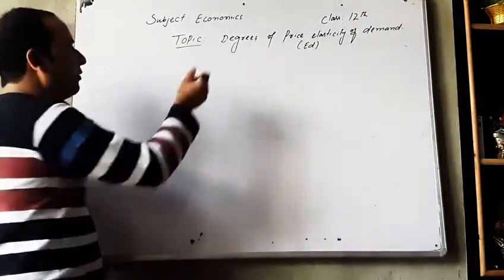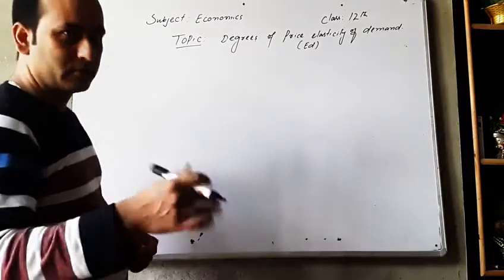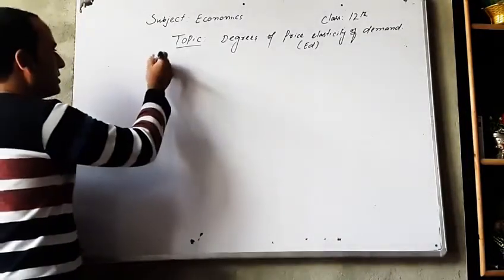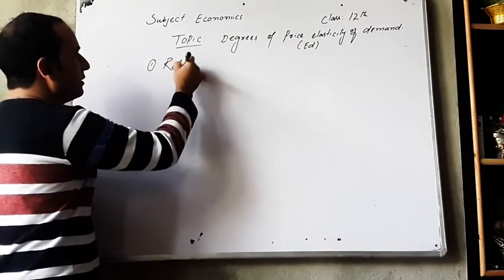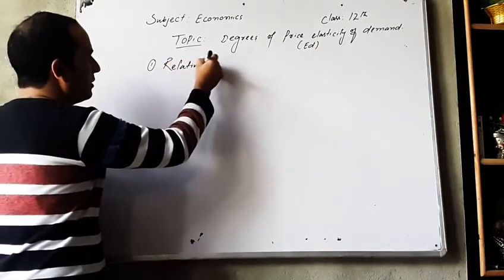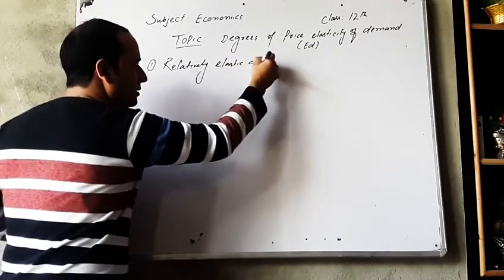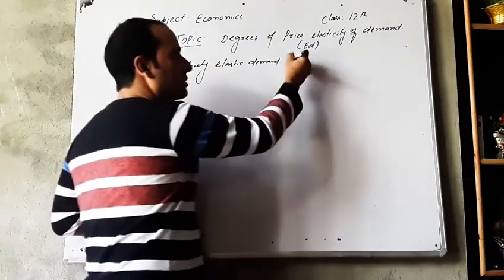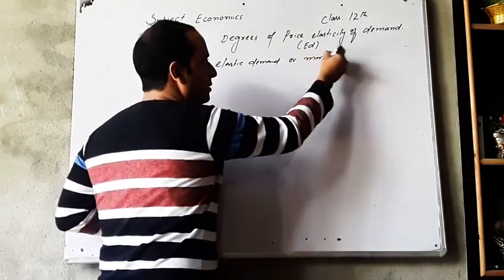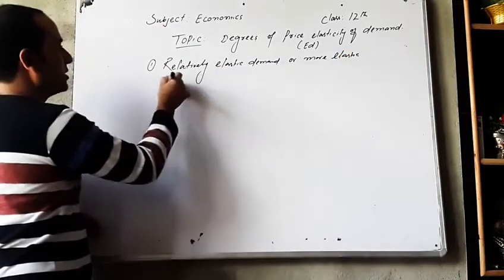And generally we have 5 degrees of elasticity of demand. Let's elaborate them one by one. The first degree of elasticity of demand is relatively elastic demand, or this is also called more elastic demand.